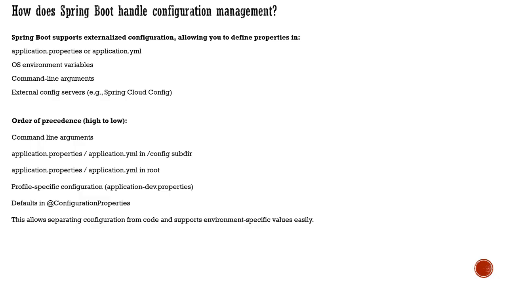First it checks the command line arguments, then application.properties or yml in the config subdirectory, then the root directory application.yml or properties, then the profile specific configuration, like staging, development, feature or production related configuration. Then there will be a default configuration, where you have the @ConfigurationProperties annotation.